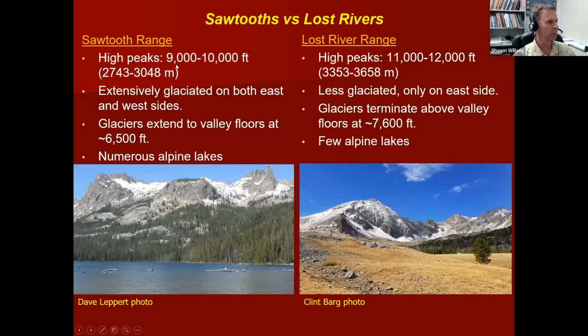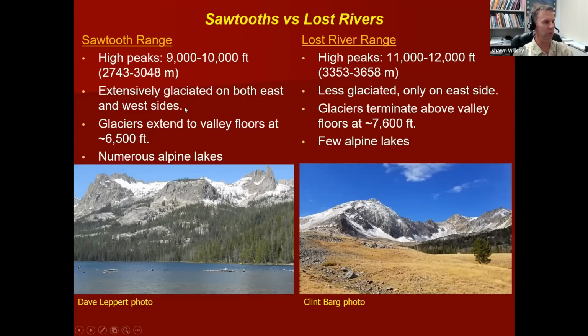So in the Sawtooth, we've got high peaks that go up to 9,000 or 10,000 feet or so. On the Lost River Range, it's taller. It's a good couple thousand feet taller than any of the peaks in the Sawtooth. So we have mountains that go into the 11 to 12,000 foot range. The Sawtooths are easily, by far, much more extensively glaciated on both the east and the west sides of the mountains.